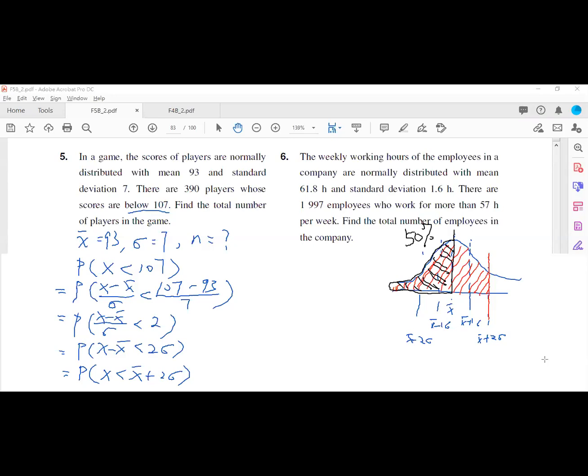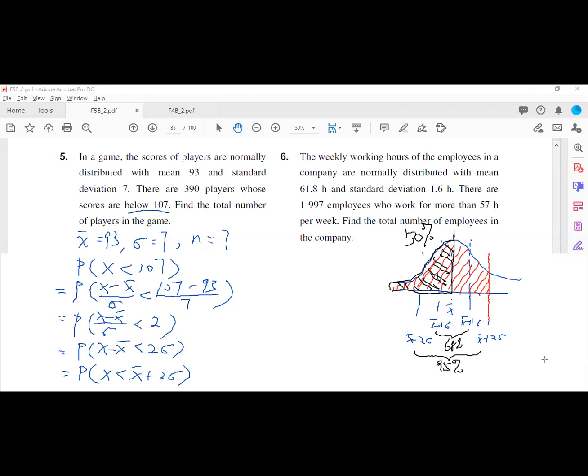It is everything on the left hand side of the middle line. Okay, this is 50%. And then for the other parts, we use the 3 numbers. So this one will be 68%, and then the second one will be 95%.